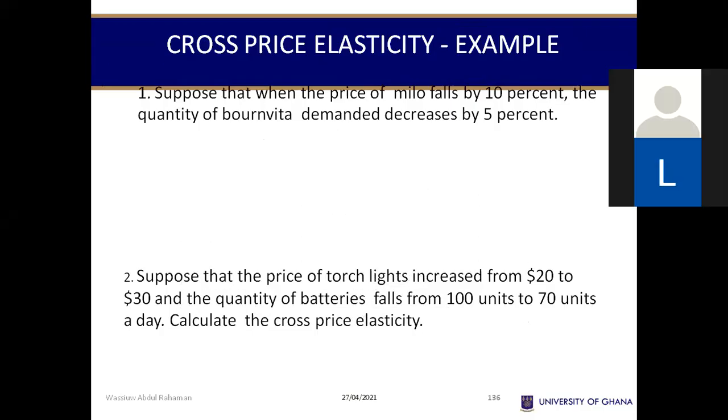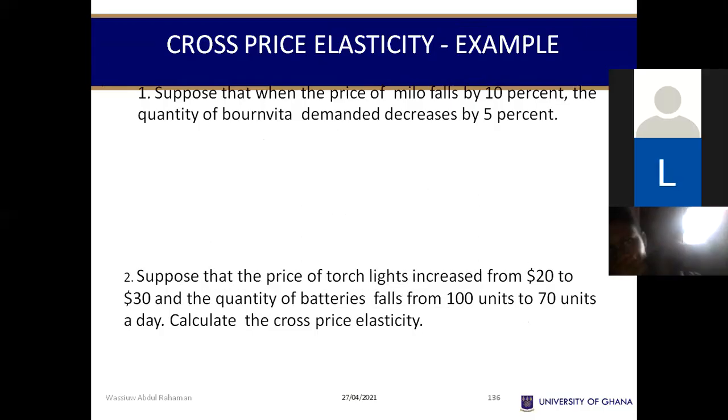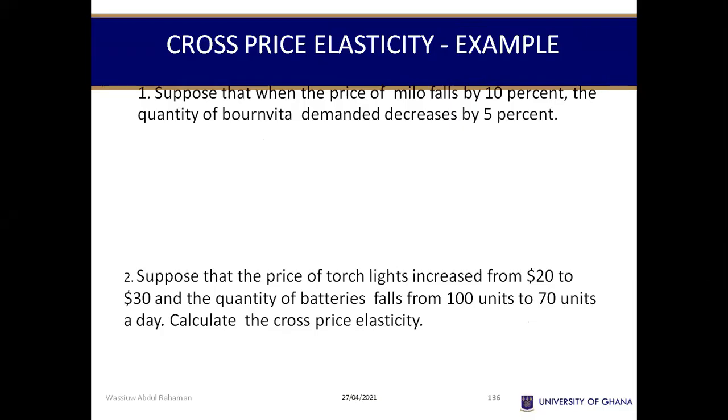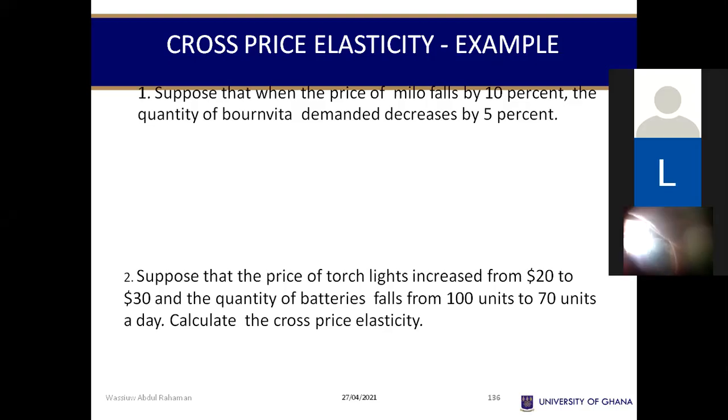So this is an example here. Suppose that when the price of Milo falls by 10%, the quantity of Bonvita demanded decreases by 5%. You have to find the cross price elasticity of demand. You first look for the good whose quantity is influenced by the price of Milo. That is Bonvita. So it is going to be the percentage change in quantity demanded for Bonvita divided by the percentage change in the price of Milo.